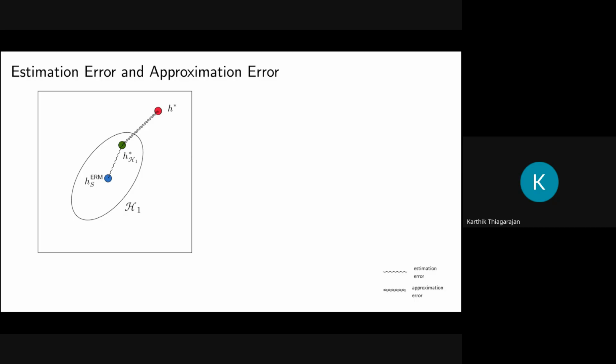So finally, with regard to these three errors, you start looking at approximation error. This is a diagram that is useful to understand the trade-off between estimation and approximation. Think about this rectangle or square as every point here being a hypothesis.